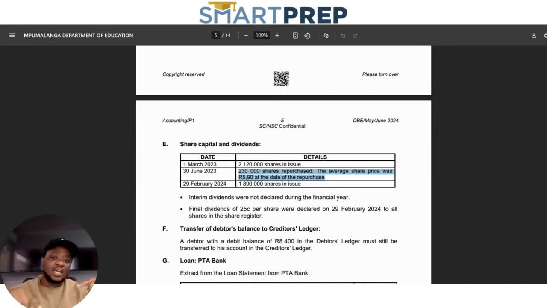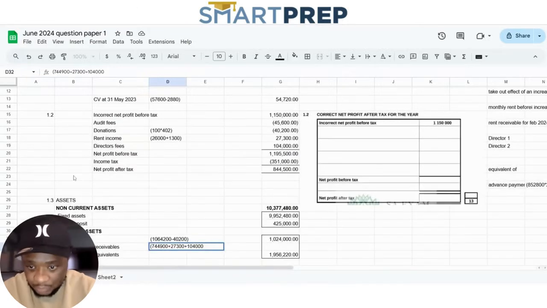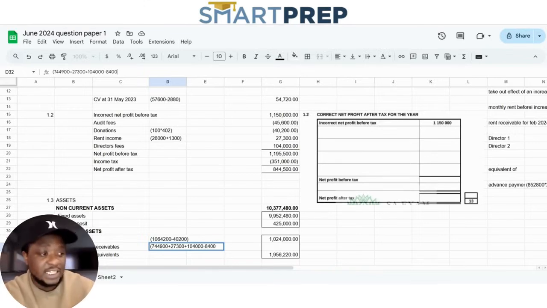So they no longer owe the 8,400. We've taken the amount they owe us and set it off against the amount that we owe them. So this is going to decrease our trade and other receivables, and also our trade and other payables when we get to that point.